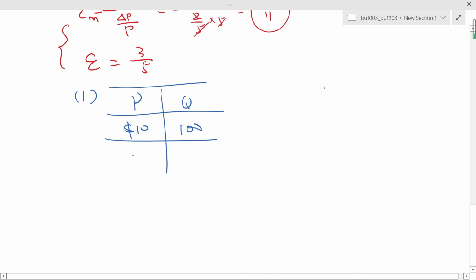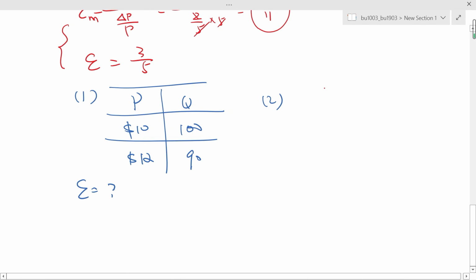So if price increases to $12, demand decreases from 100 to 90. So what's the price elasticity of demand, using both the non-midpoint method and the midpoint method?